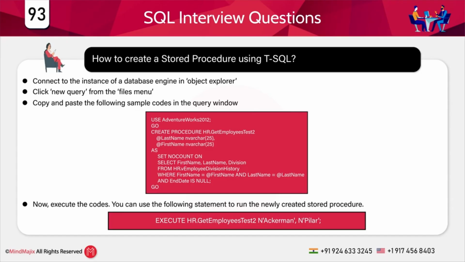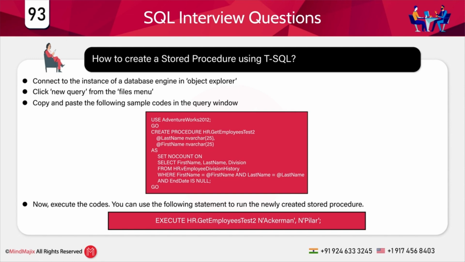If you carefully observe, here we are using the database, then we have the go statement, and then we are creating the procedure. For creating the stored procedure, we use create procedure, then the name of that procedure, and then the various columns that we have, and then we use the alias using AS.